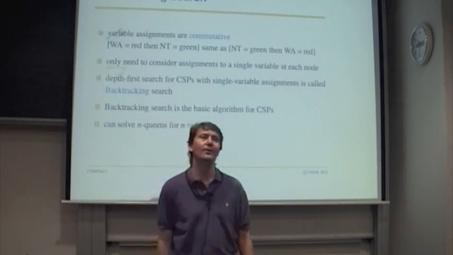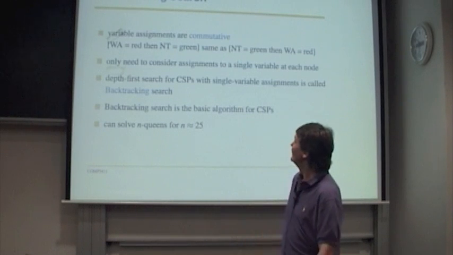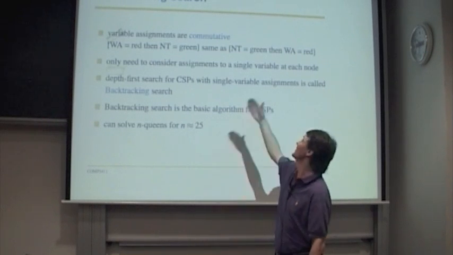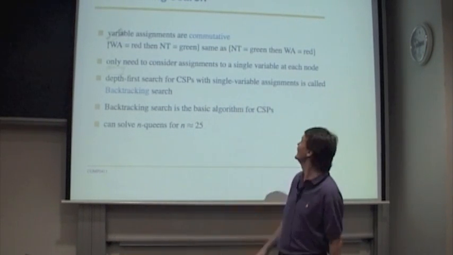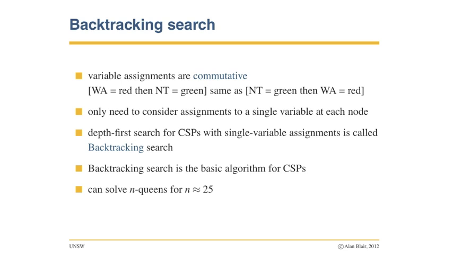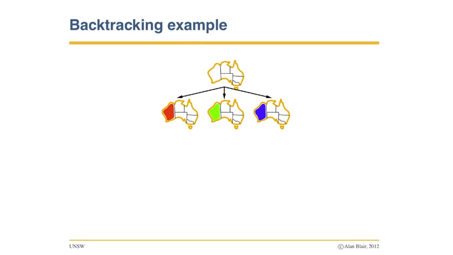If I colour Western Australia red and then colour the Northern Territory green, it's the same outcome as if I did the Northern Territory first and then Western Australia. So we just consider an assignment to a single variable at each node in the normal case, and this is called backtracking search.